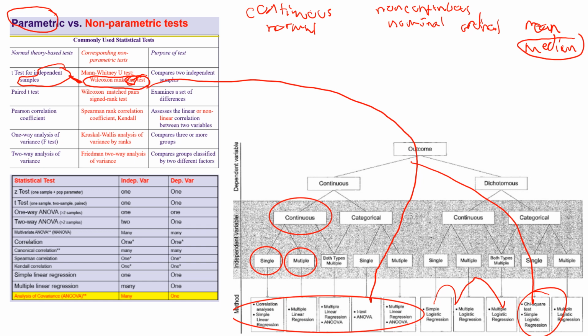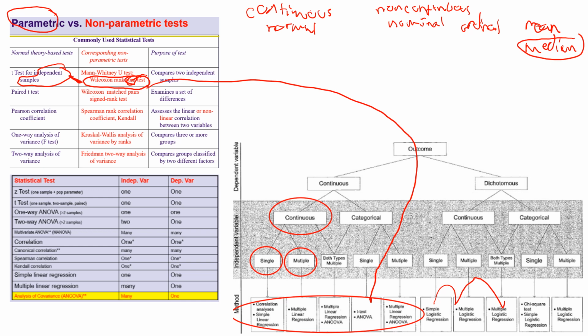We haven't learned that, so I'm linking these up to the tests we're familiar with. But it's the same thing, right? Just remember that for the Wilcoxon sum, it's actually dichotomous data or non-parametric or non-continuous data. They really all mean the same thing in this case. So that's our single t-test.